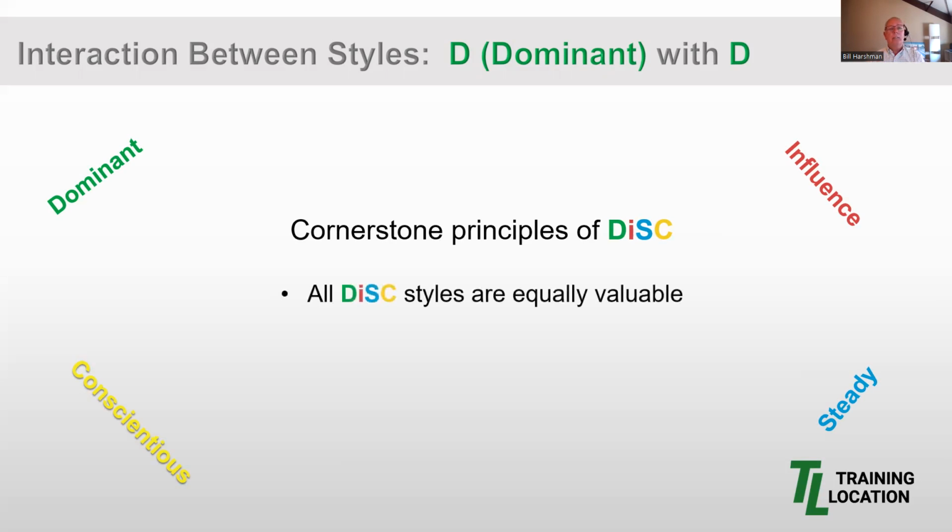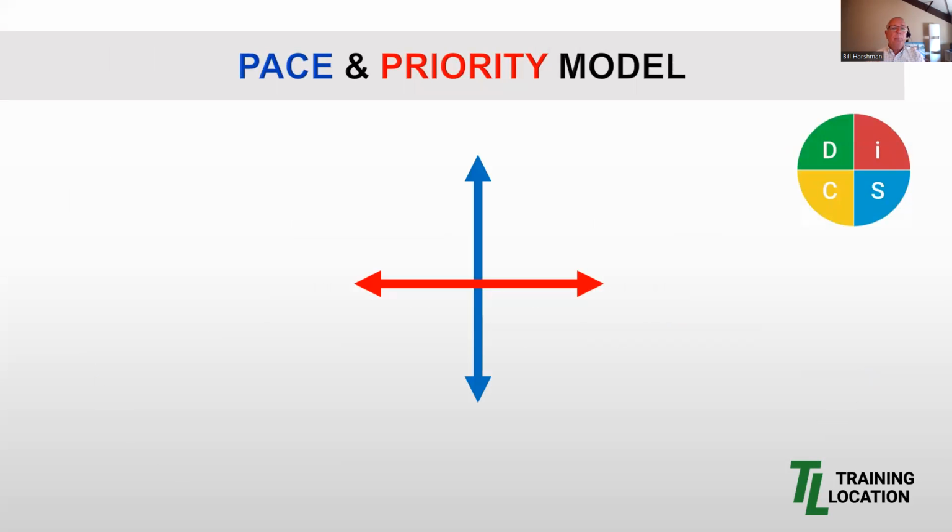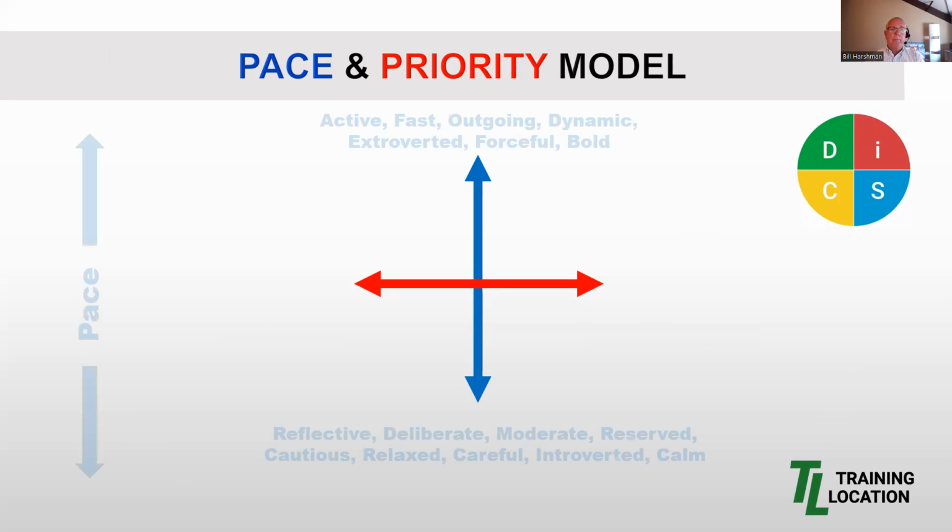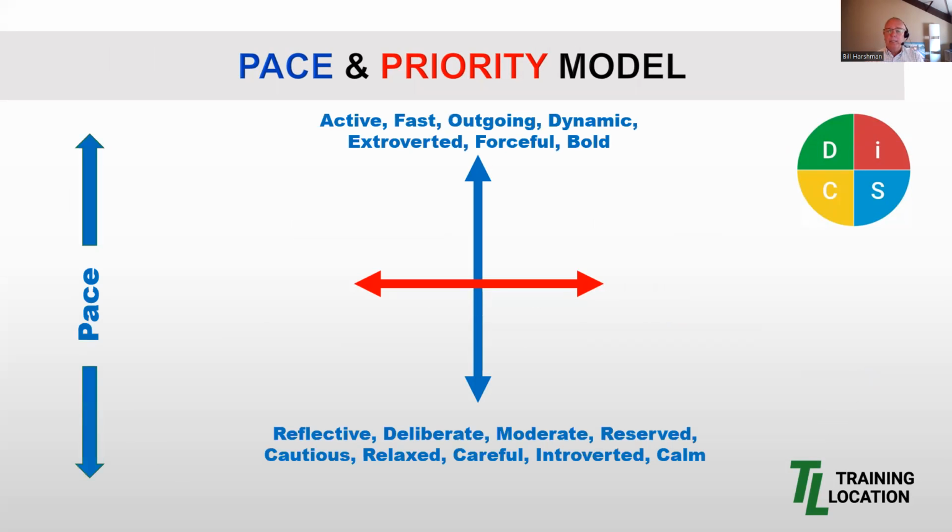All DiSC styles are equally valuable, and everyone is a unique blend of all 4 DiSC styles. This is our pace and priority model, and it's the essential tool to diagnose, discuss, and understand DiSC styles. The vertical axis represents pace, and we see the various descriptors at the top and the bottom of that pace spectrum.